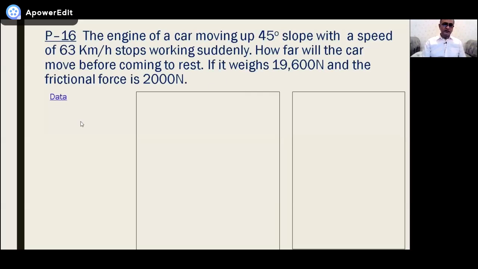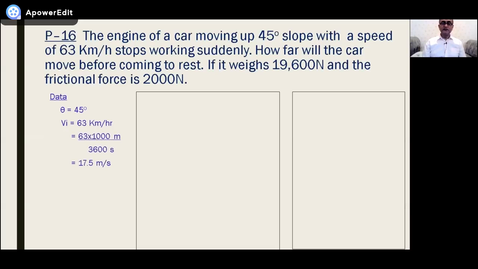So see the data. Angle is 45 degree, speed is 63 kilometer per hour. As I told you yesterday, we'll convert 63 kilometer per hour into meter per second: 63 multiplied by 1000 divided by 3600.